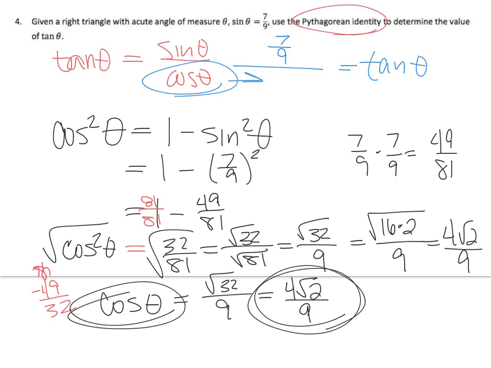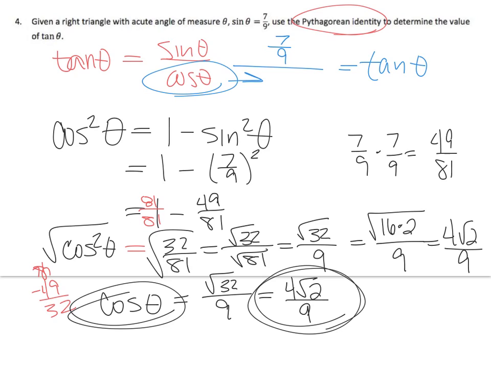Now, if you go back to the opening exercise, the first thing we did when we solved the triangle using the Pythagorean theorem, you'll see that it's the same answer for cosine. Now let's see if we can get the same answer for tangent.